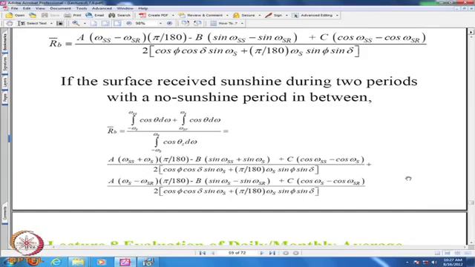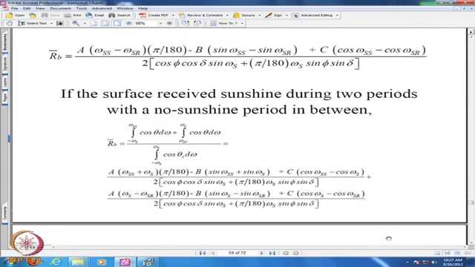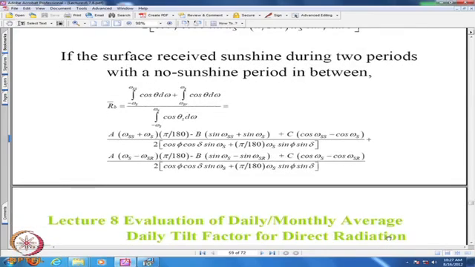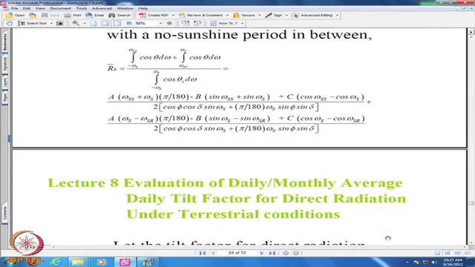So, it gives rise to two terms, which is first term integral is cos theta is a, that is a into omega s s minus omega s will be plus omega s, like that you have two terms. Okay. So, one can evaluate R b bar under extraterrestrial conditions, even if the surface receives sunshine during two periods.